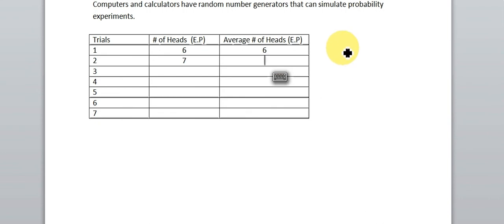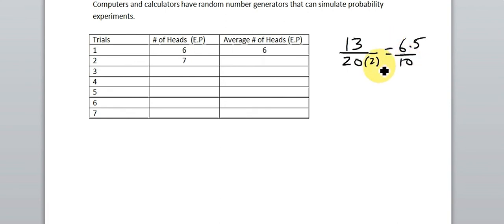So that's our experimental probability, 13 over 20. And then you also have to consider that we've done 2 trials, so we're going to also divide it by 2. We're going to end with an average of 6.5 out of 10. So far, experimental probability is averaging 6.5 heads out of 10.